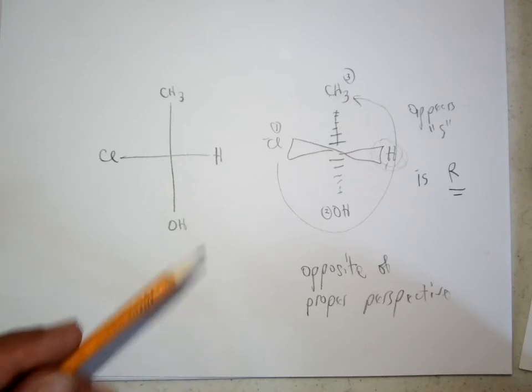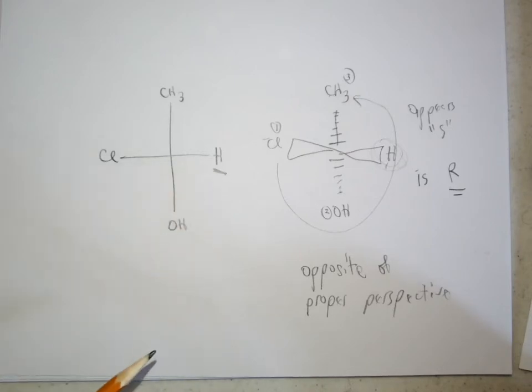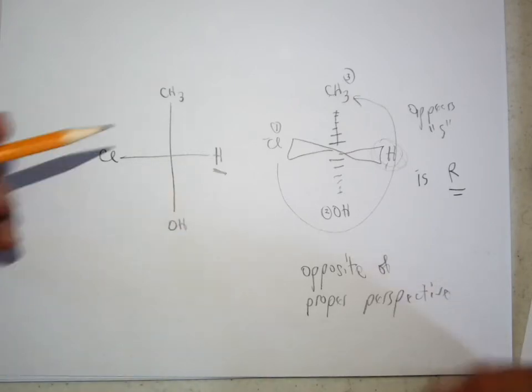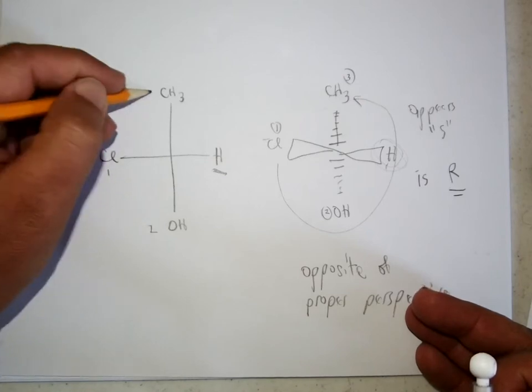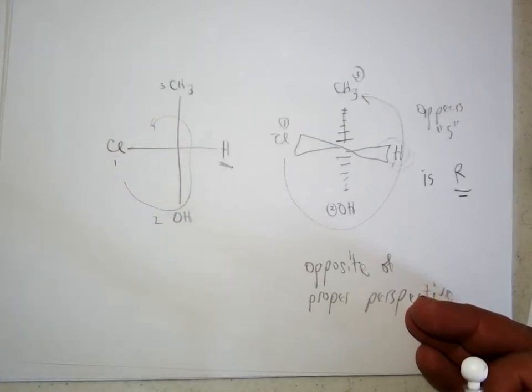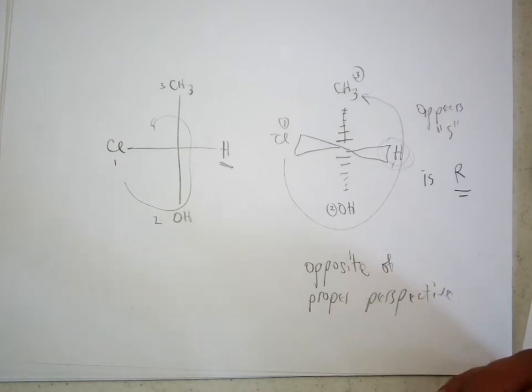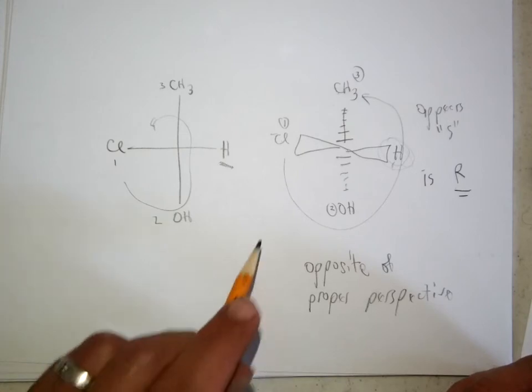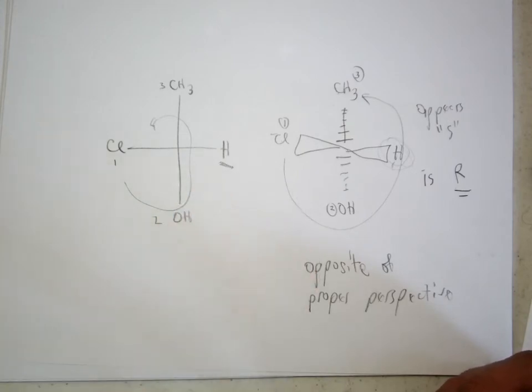If you're ever looking at it the opposite of proper perspective, you can look at the way it appears, counterclockwise, and then you realize that from the other side, it's actually going clockwise. So there's our molecule drawn in a less convenient way, but still the same molecule and still the chirality is assignable.